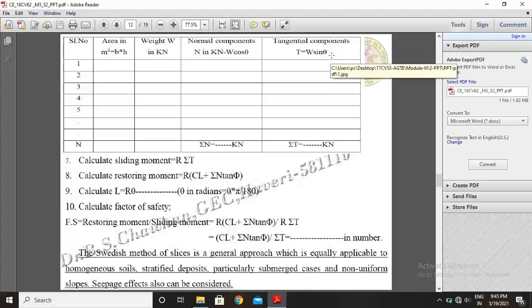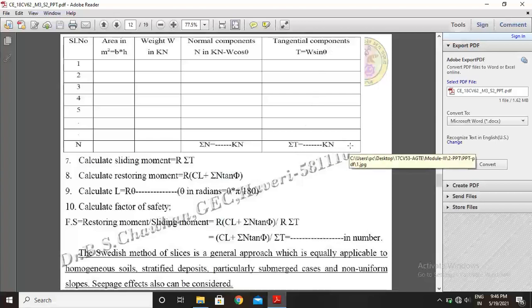Here theta we calculate for each slice. The serial number means the number of slices. After calculating area, weight, normal force and tangential force, you do the summations: sigma N is total normal force in kilonewtons, and sigma T in kilonewtons.